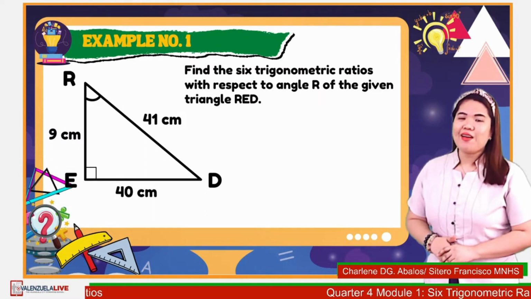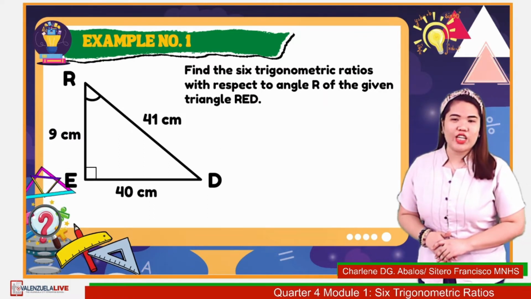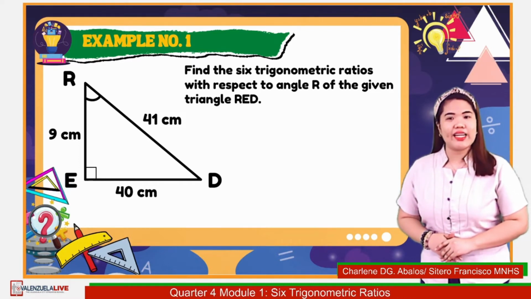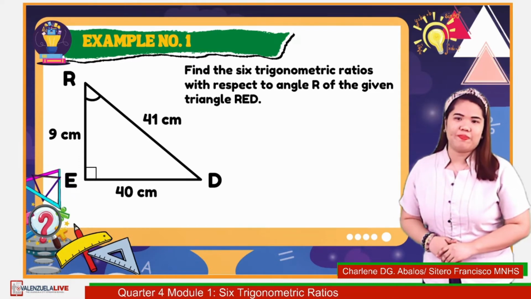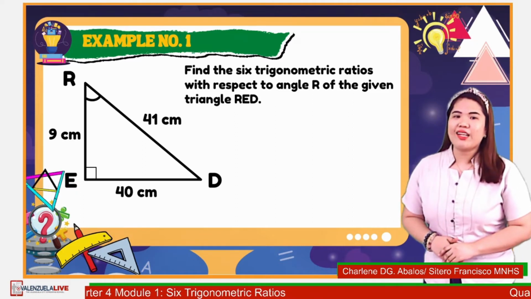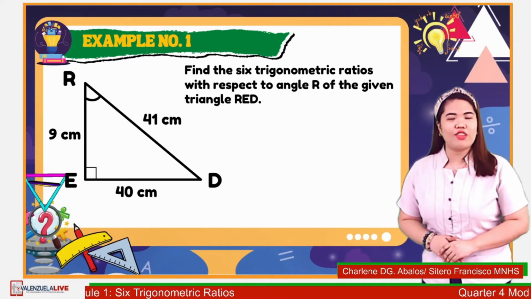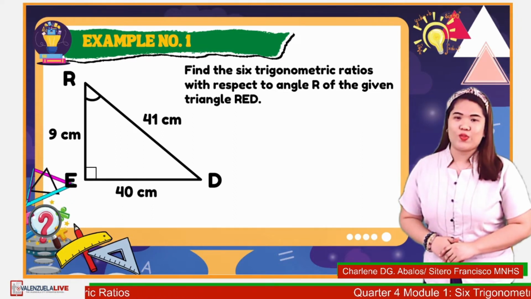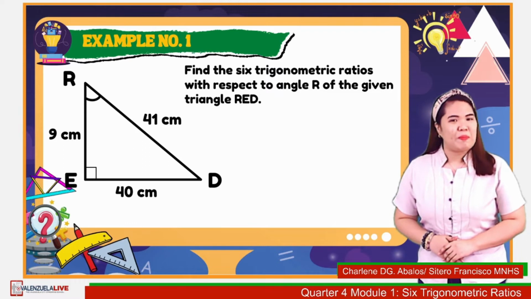Example number 1, find the 6 trigonometric ratios with respect to angle R of the given triangle RED. First, let's identify the length of sides of the right triangle. What is the length of hypotenuse? Perfect.